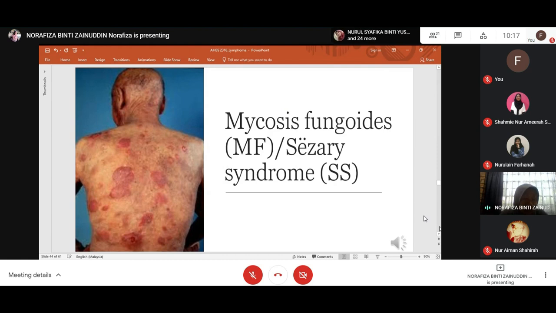So the patient suffers from erythrodermic phases, which begins with eczema, dermatitis, and then they move on to psoriatic-like lesions, plaque, tumor, later will affect the lymph nodes and other organs of the body. Right? Whereas Sézary disease is sometimes considered a late stage of this mycosis fungoides.